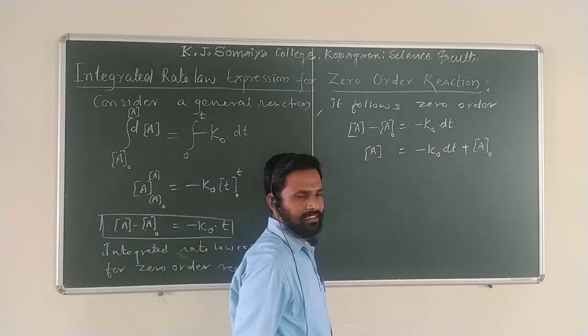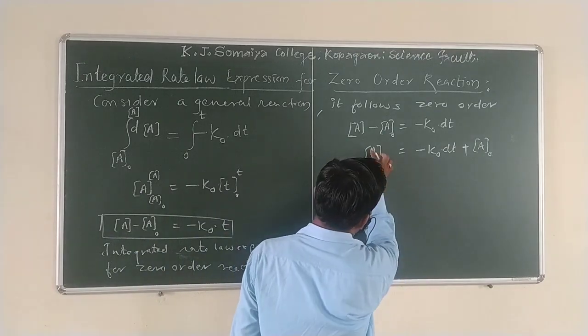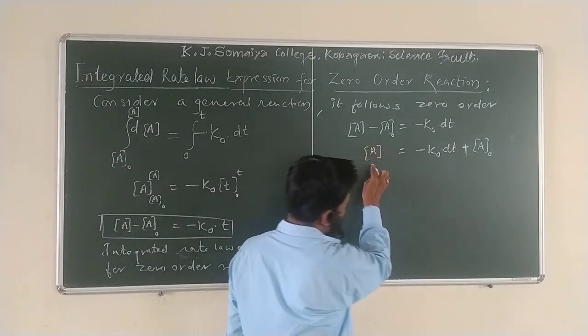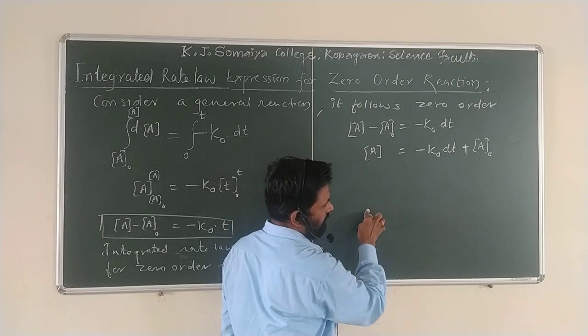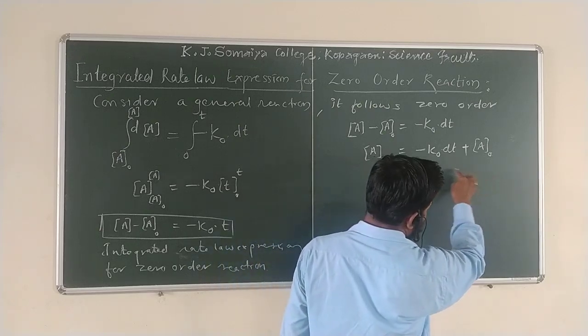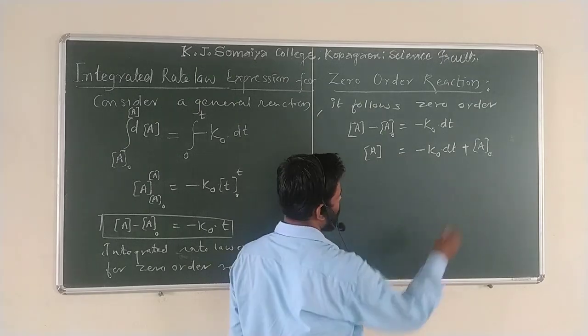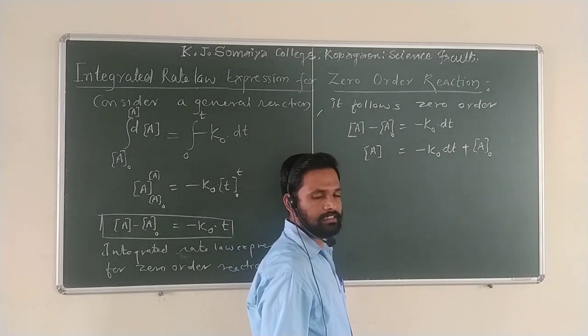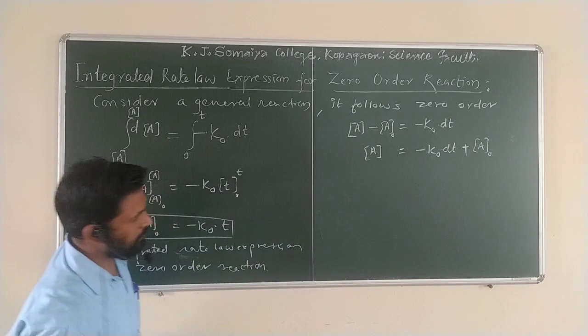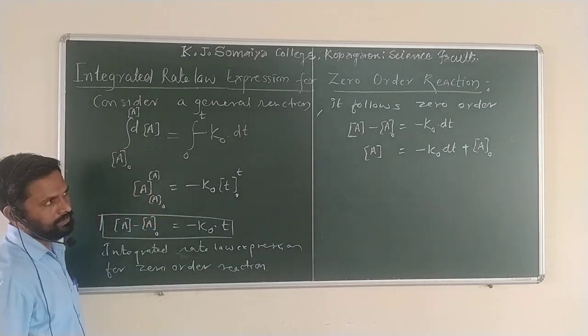This looks like a straight line equation. Let us consider if you put the concentration of A on the y-axis and time on the x-axis, you can plot a graph of the y equal to mx plus c form. Getting my point here? It is the mx plus c form.